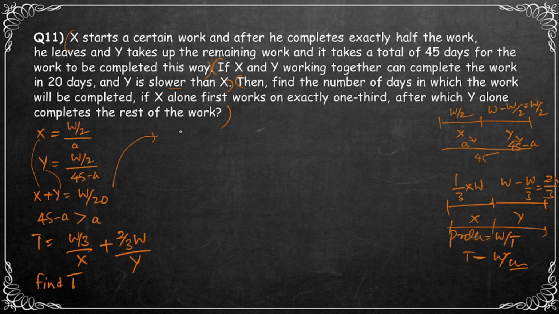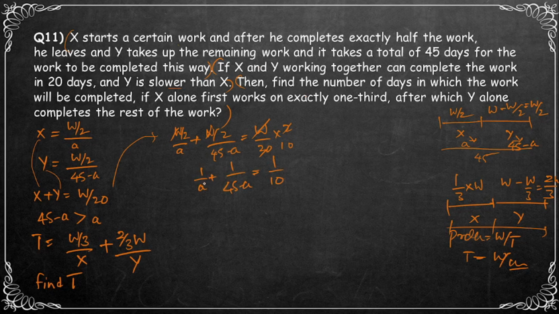So this can be written as (W by 2)/a plus (W by 2)/(45 minus a) is equal to W by 20. So W is common. So this half goes that way, into 2, that means 1 by 10 on that side. So 1 by a plus 1 by (45 minus a) is equal to 1 by 10.